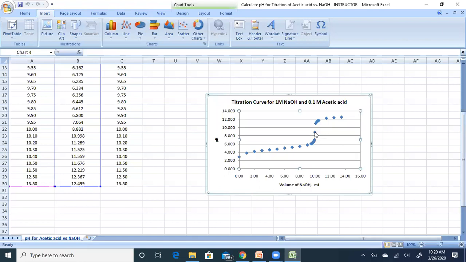You can point your cursor to one point in the middle, then you can see the numbers here. On the screen it is 10 and 8.882. So therefore, the 10 will be the equivalent volume. Get that? Thank you so much. You're welcome.